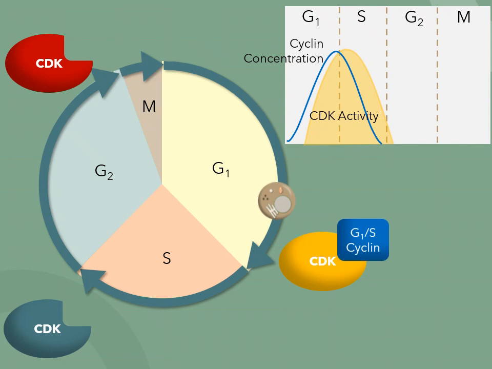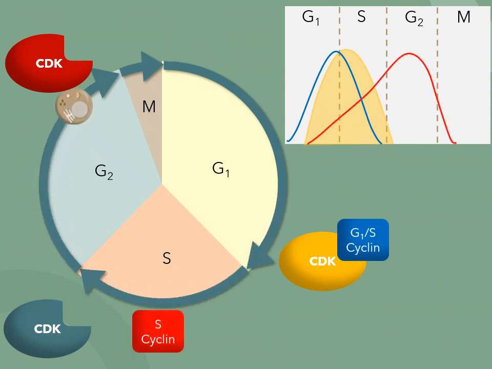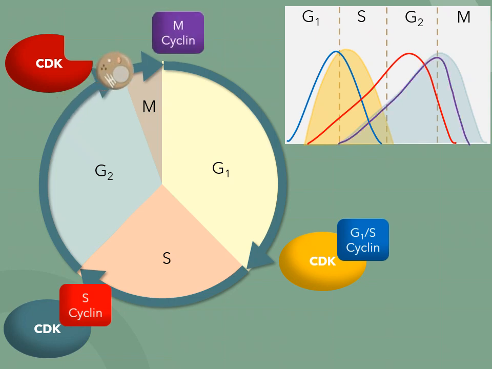Similarly, S cyclins will increase in concentration as the cell heads through S towards G2, activating their CDKs. M cyclins will continue to increase until the G2M transition and form a complex known as maturation promoting factor, or MPF, which is required to start the process of mitosis.